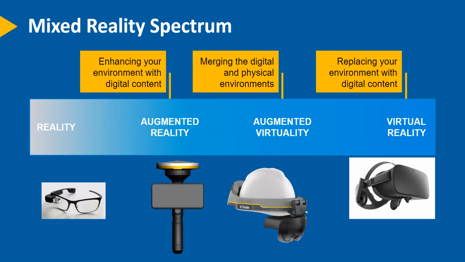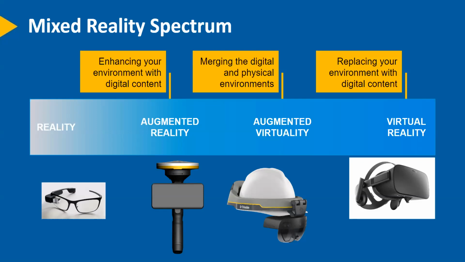Further down the spectrum is augmented virtuality, or something like the device you see here, which is the Trimble XR10, which is based on the Microsoft HoloLens, which really takes just overlaying data to your physical environment to the next level, and allows you to interact with both the physical and digital environments together.